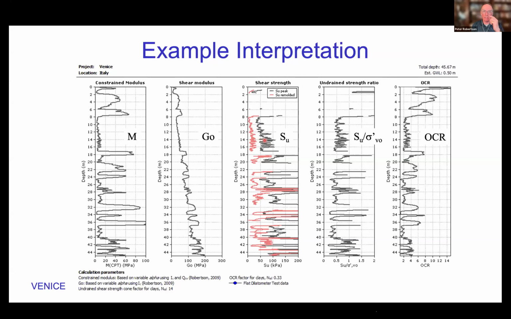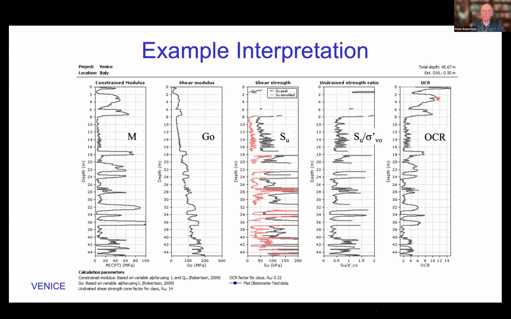So you can see that these clays have some level of sensitivity, like a sensitivity of about 3, which is relatively common. A lot of clays have a little bit of sensitivity. It's only certain soils that are completely insensitive. Then the next plot is the undrained strength ratio, and it shows that there's a little bit of overconsolidation near the surface, so the undrained strength ratio is a little bit high, and then as you go deeper, it begins to drop down to the typical values of an undrained strength ratio of about 0.2 to 0.3.